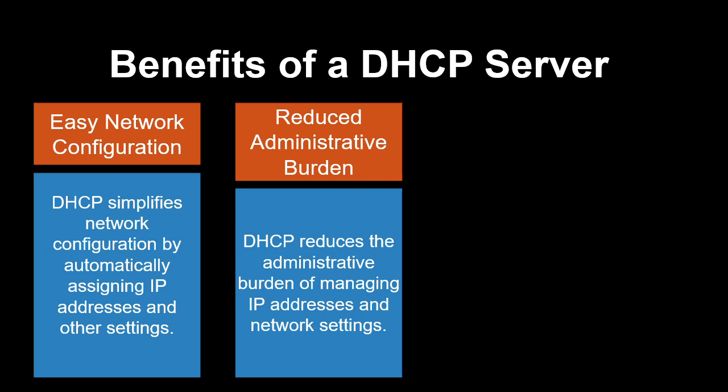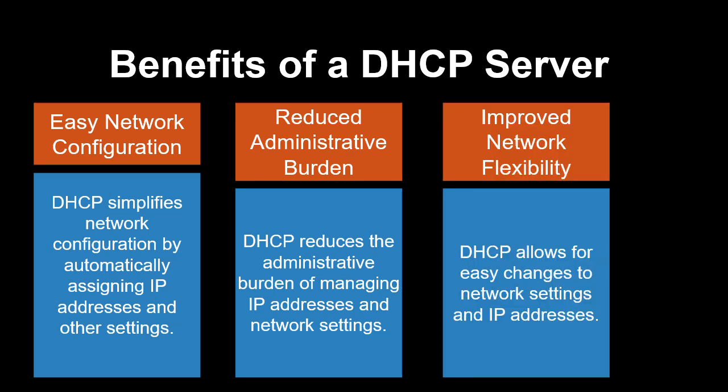The second benefit is that it reduces the administrative burden of managing IP addresses and also managing network settings. And the last one, which is not the least, is that it ensures improved network flexibility. In this case, DHCP allows for easy changes to be made on your network.